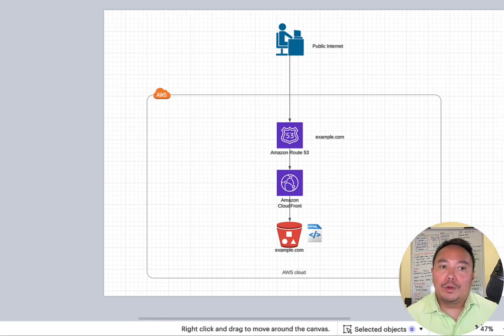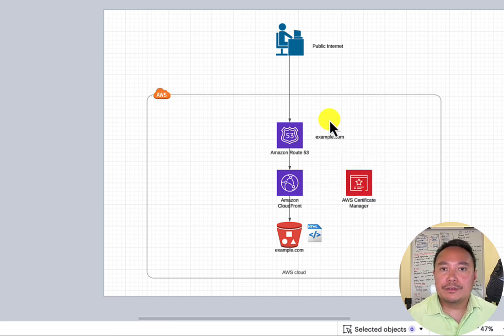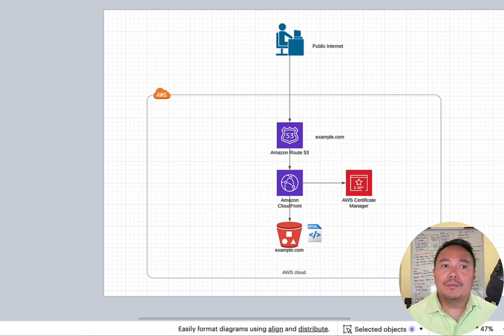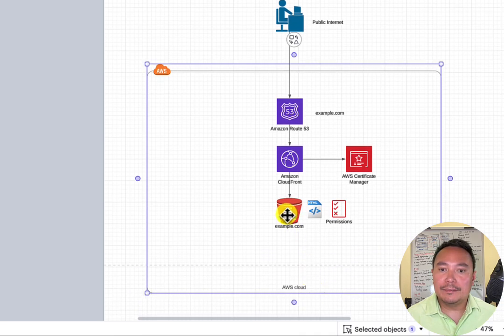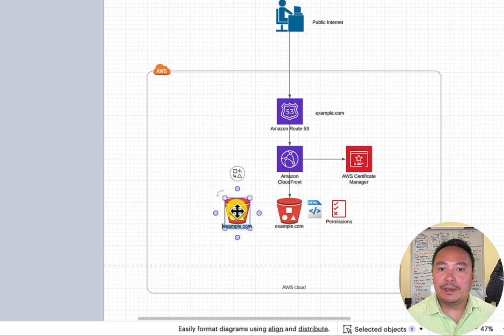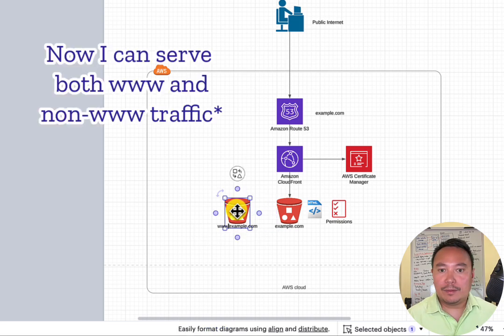The next component I'm going to add in here is the AWS Certificate Manager. Having a certificate manager in my setup provides better security, and now my website can cater for TLS and SSL connections. Next, I'm going to add bucket permissions to my S3 bucket just to make it more secure. Okay, next, let me just expand this a little bit. And I'm going to create another S3 bucket in here with prefix of www.example.com.